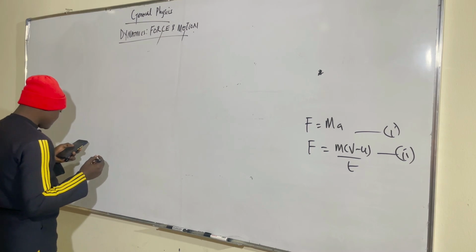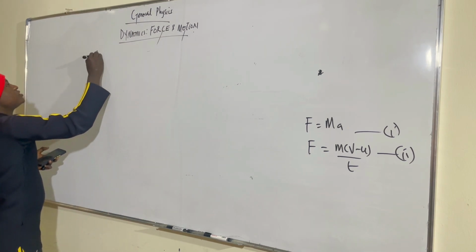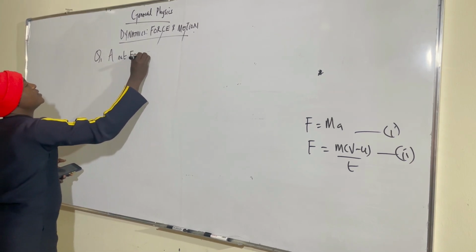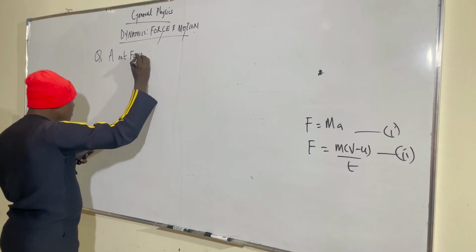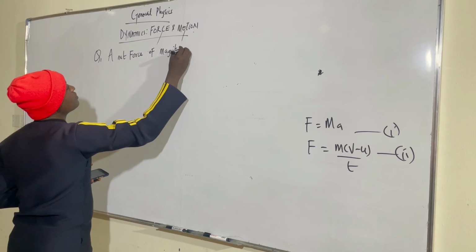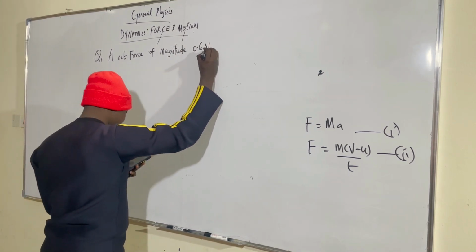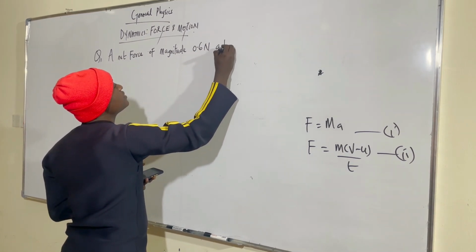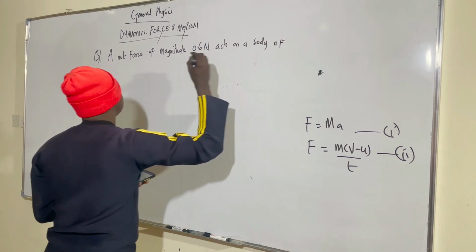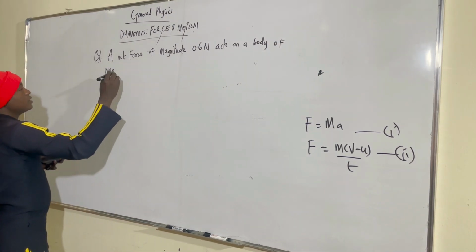They said, question 1: a net force of magnitude 0.6 Newton acts on a body of mass 40 gram.